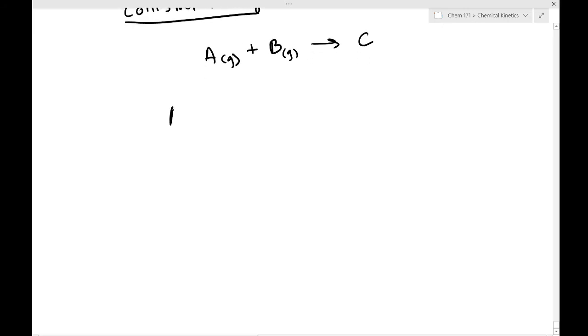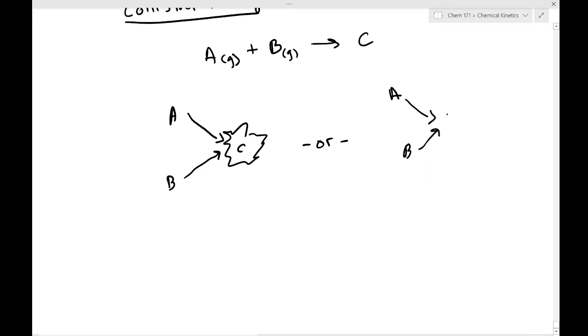Number one, A can collide with B if they end up in the exact same spot in space, in time, and produce C. Or A can collide with B and A bounces off and B bounces off. In this case, no C is made.